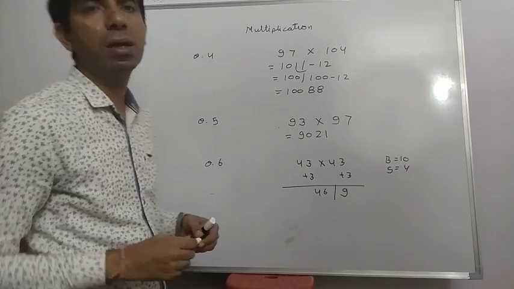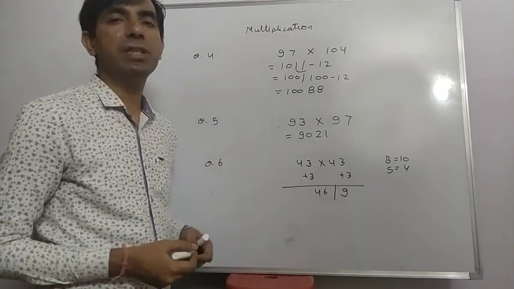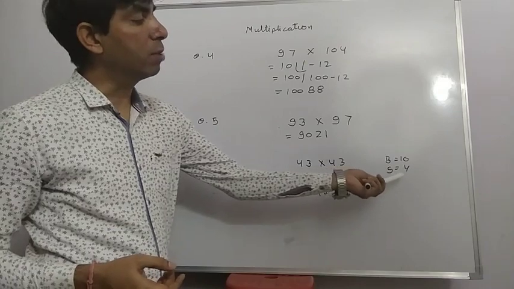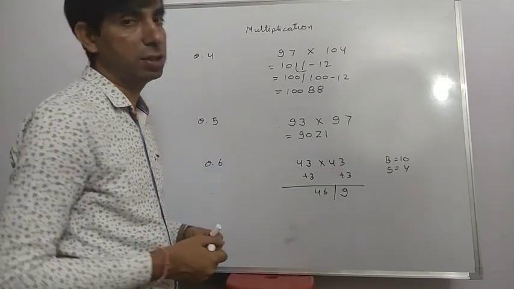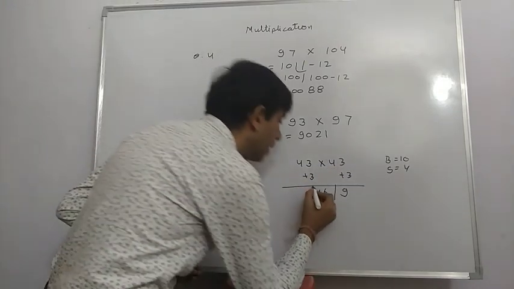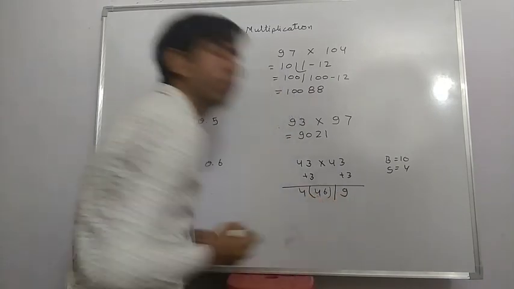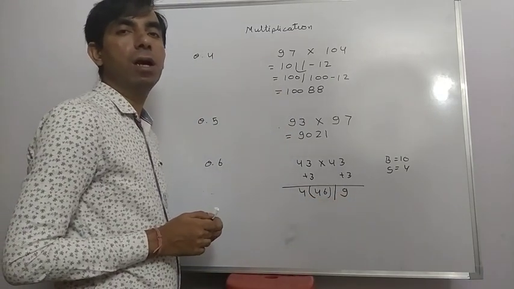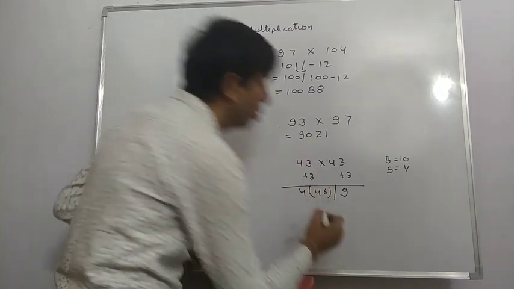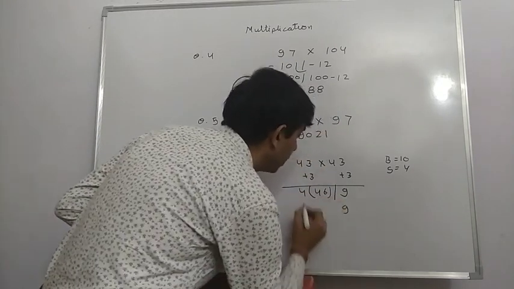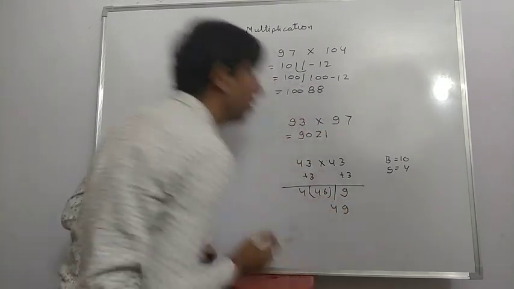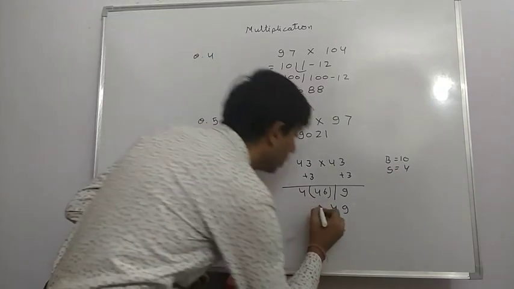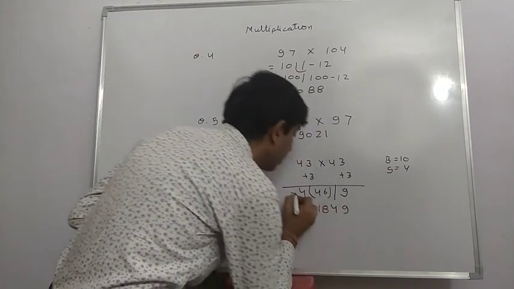If we multiply any number by 1, the answer never changes. But if we multiply any number by 4, then the answer will change. So we multiply by the subbase how many times? 1 time. So write 9, and we multiply 4 times 6 are 24, 2 remaining, 4 times 4 are 16, plus 2, 18. It is the solution.